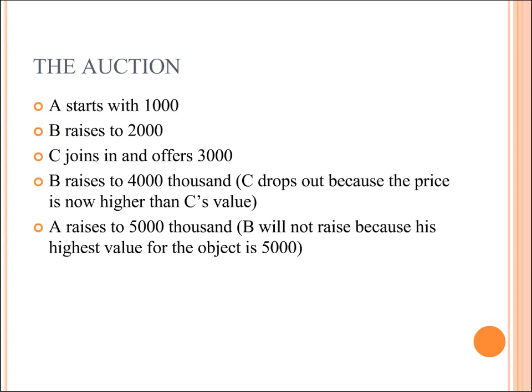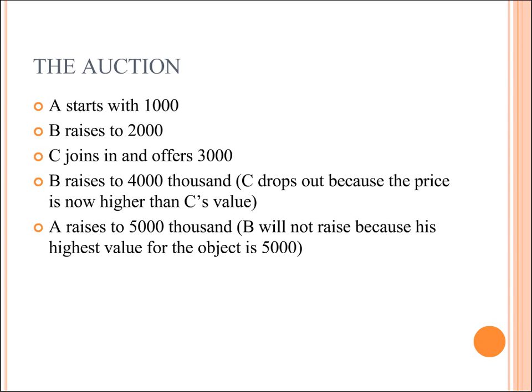From the 4,000, A will raise to 5,000, and at this stage B's valuation was 5,000, the biggest sum he was willing to pay, so B will not raise his bid. So the result is that A will get the product for 5,000.